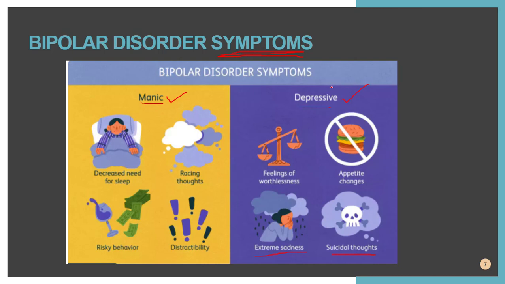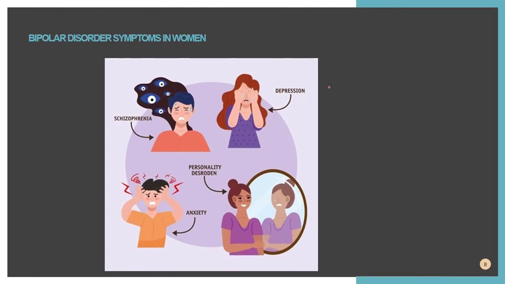Now very important that we will discuss with you is what are the symptoms of bipolar disorder in case of females, in case of women. Okay, so men and women can be diagnosed with bipolar disorder in equal numbers. However, the main symptoms of the disorder may be different between the two genders.